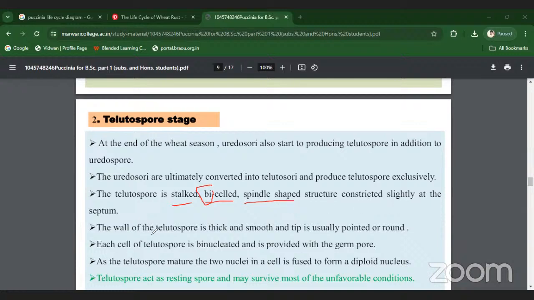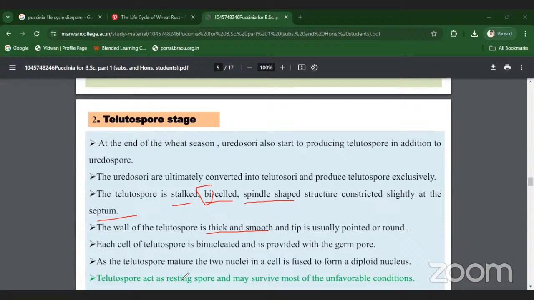The teliospore is constricted slightly at the septum. The wall of the teliospore is thick and smooth, while the urediospore wall is also thick but somewhat spiny. Each binucleated urediospore is provided with germ pores.